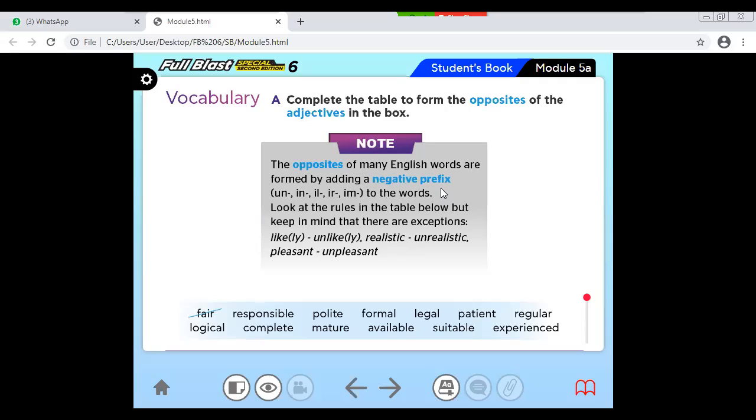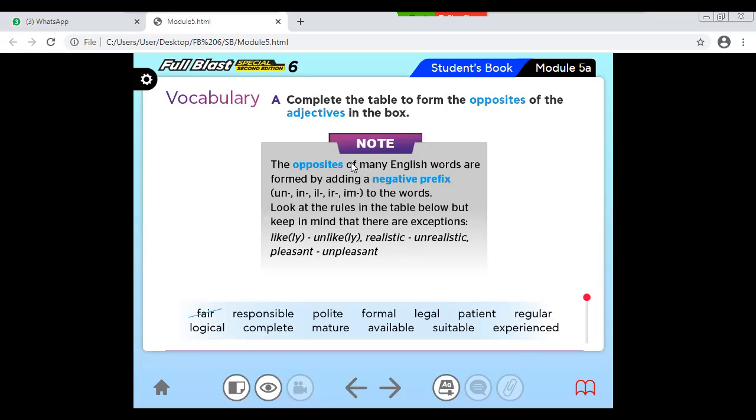When we added a suffix at the end of each word, we got the noun of the verb. But here we will add a prefix, which are letters that we add to each word to get the opposite of each word. So what do we call a prefix? Again, prefixes are two or more letters that we can put at the beginning of each adjective to get its opposite.